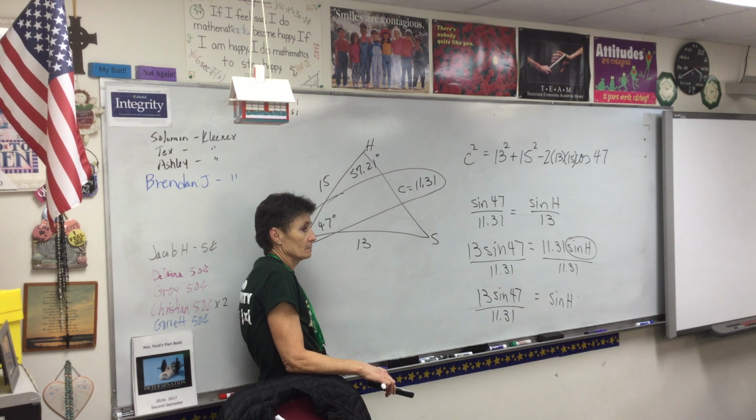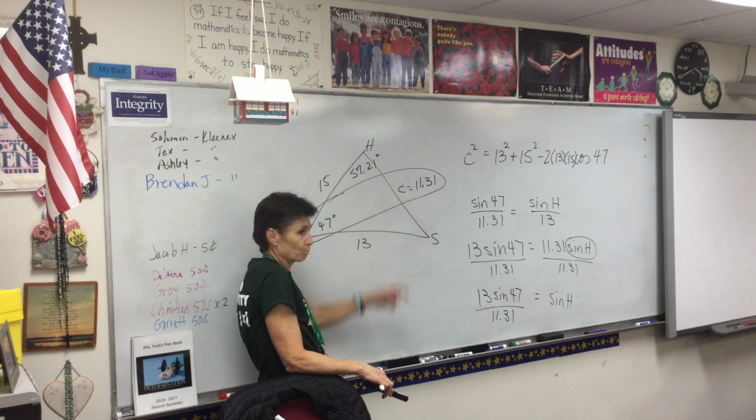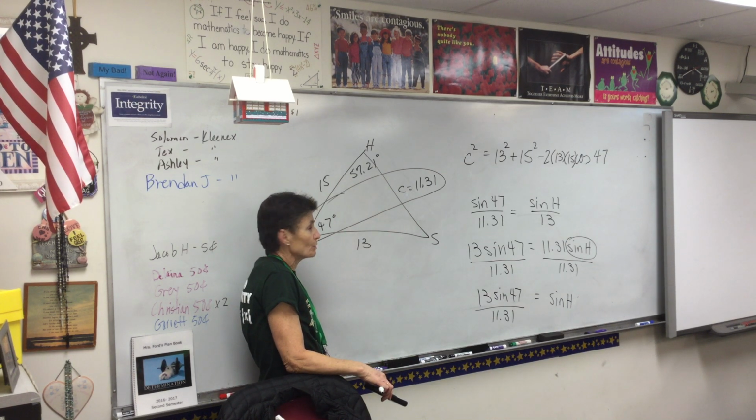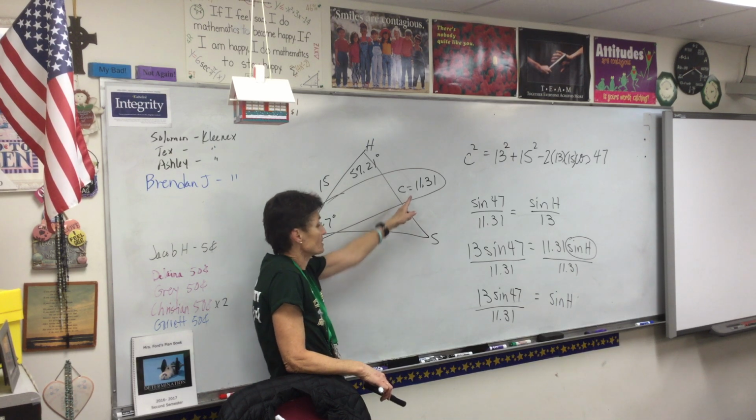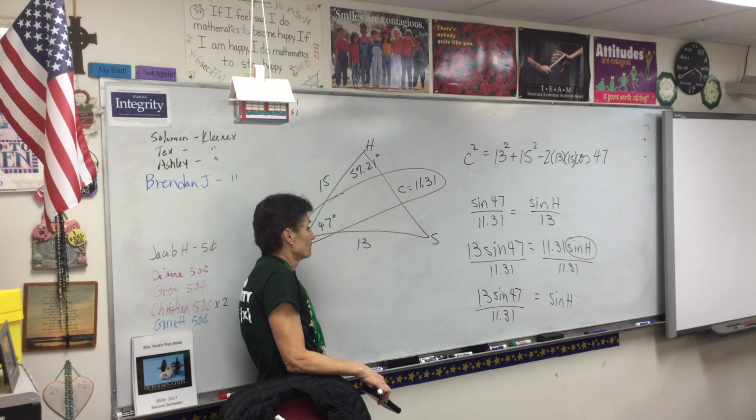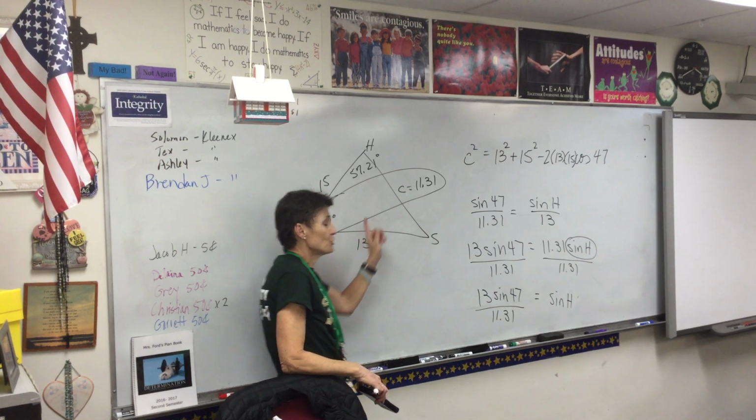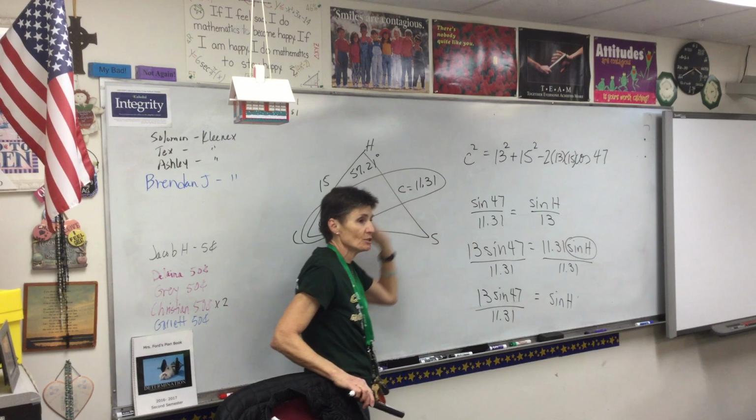For the C on that one, will we put 11.31 or will we put 47 degrees? You put what you're solving for, which is 11.31. Now, what about S? I've got two angles now. You could do any of this stuff if you wanted to.